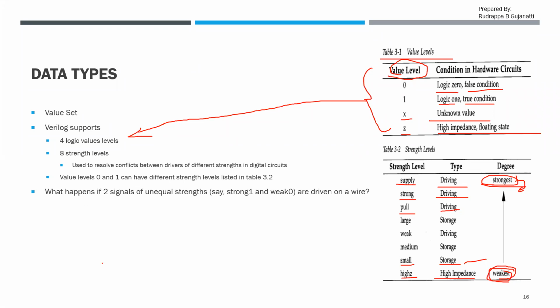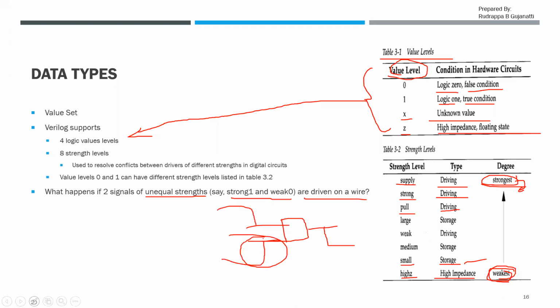So what happens if two signals of unequal strengths, say a strong one and a weak zero, are driven on the wire? You have some connections and some output, then it is connected somewhere, and this line is connected from some other output. So you might have multiple drivers present here. What happens when you have a competition for access?